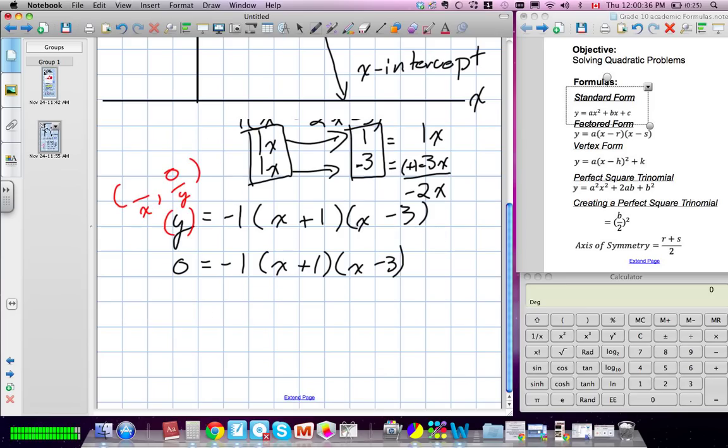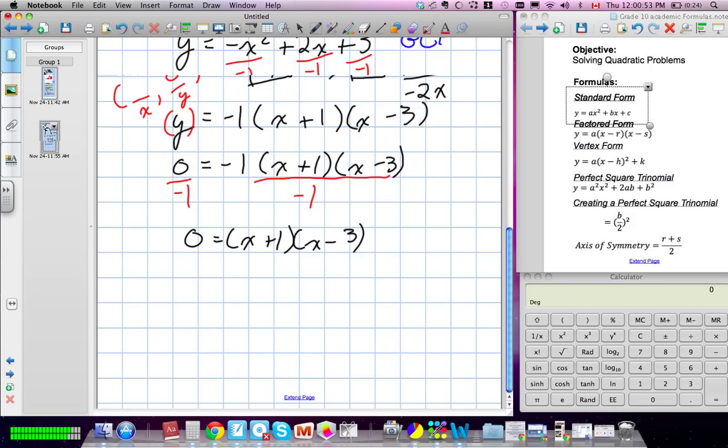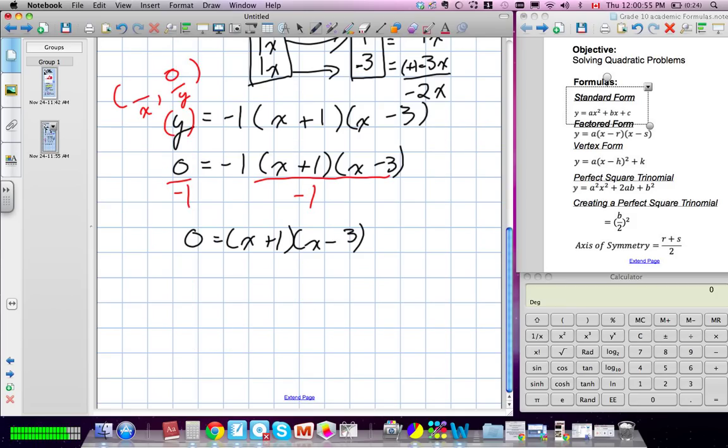So if we just divide both sides by negative 1, we're going to get 0 equals x plus 1, x minus 3. And now what we need to do is split them. We know one of these brackets is going to have to equal 0 in order to multiply them and get 0. So 0 is equal to x plus 1. 0 is equal to x minus 3. Our two x-intercepts are negative 1 and positive 3.